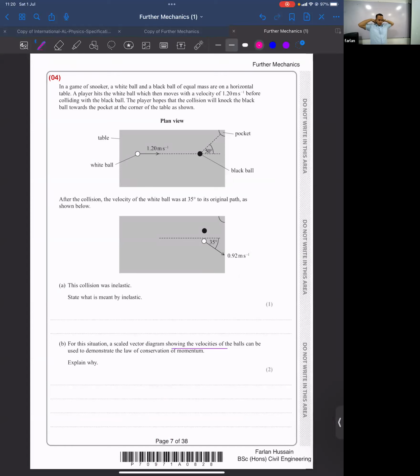Since both balls have equal mass, the velocity of the system will be conserved.